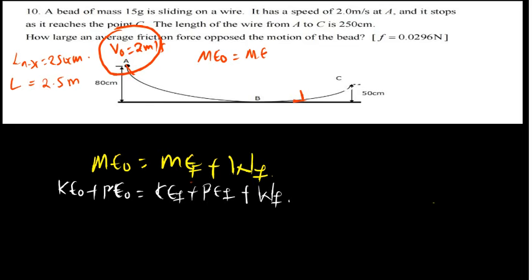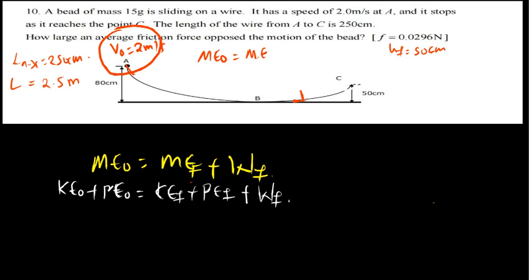Yes. So now from here we start writing the formulas from the data which we know. If you want, let us write the data here. We have H final, what is our H final? 50 centimeters.